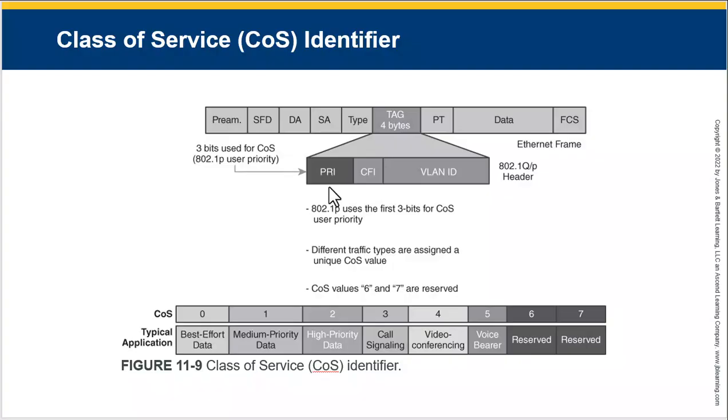If there's a 4, then that indicates streaming or video conferencing, so that's a high priority. And then if there's a 5 there, then that is real-time voice traffic, and that's the highest priority. 6 and 7 aren't used, at least not yet.